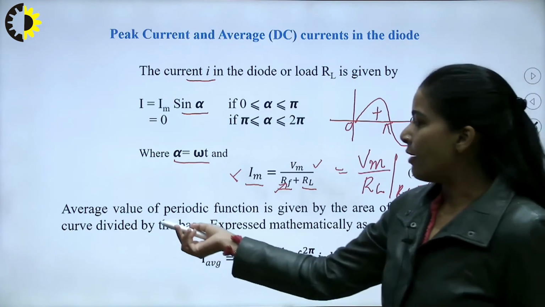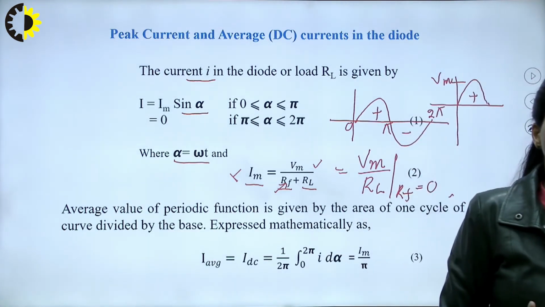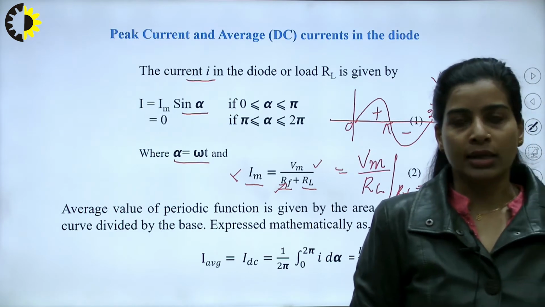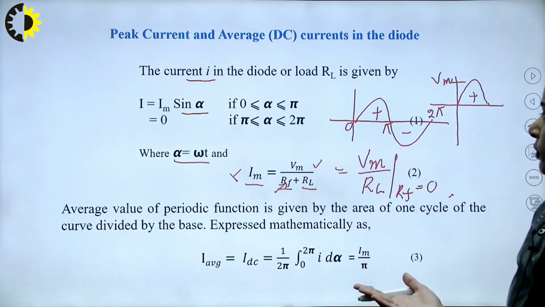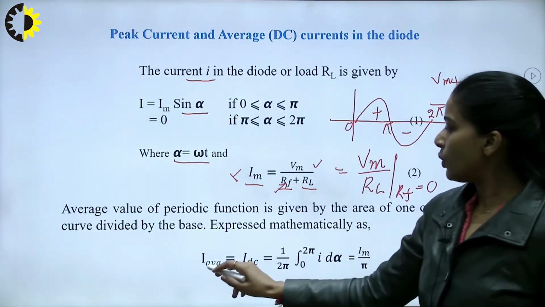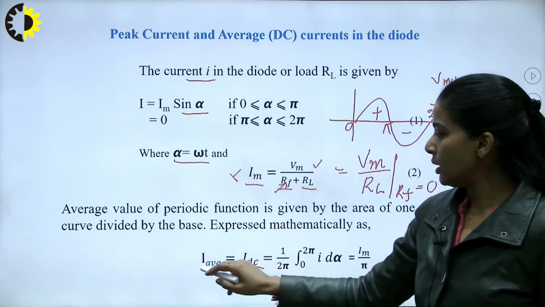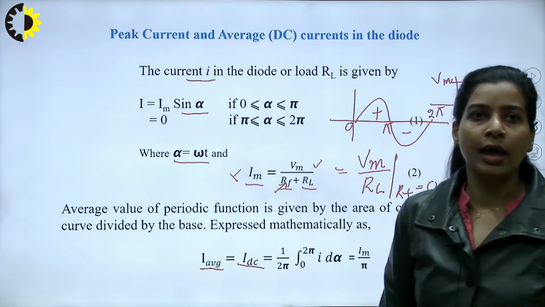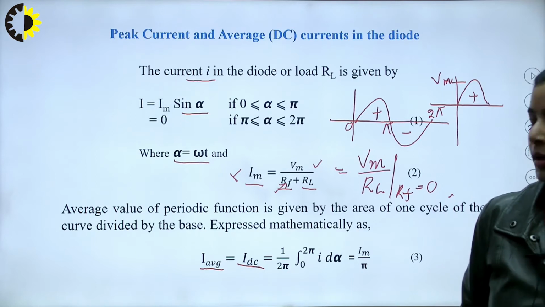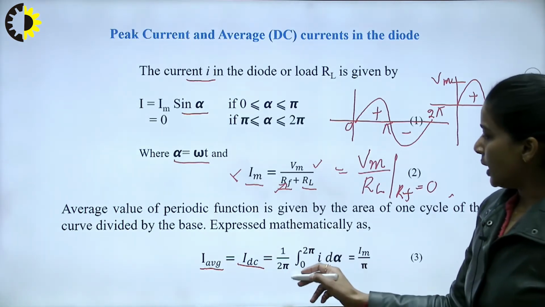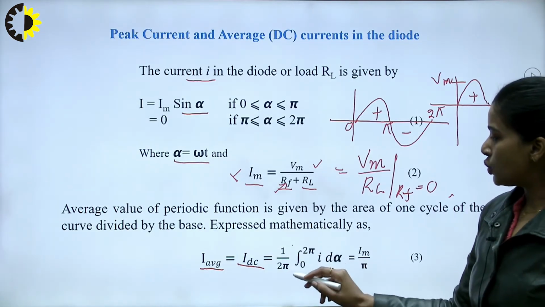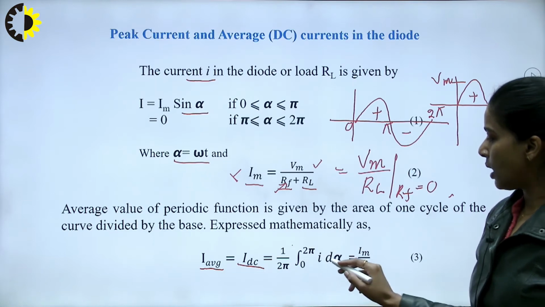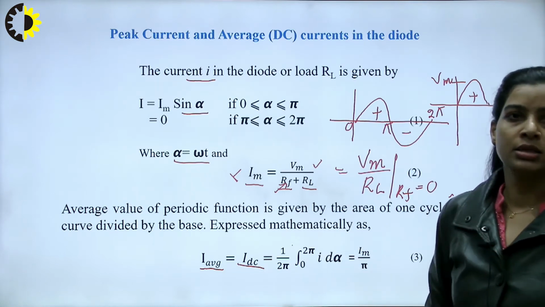The next is the average value of the periodic function, that is the sine wave that we have taken. We can calculate it as IDC, the average value of the current. Here you can see I have written 1 upon 2 pi, integral 0 to 2 pi of I d alpha.